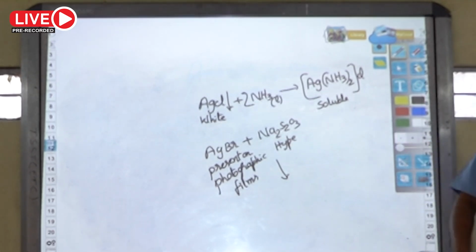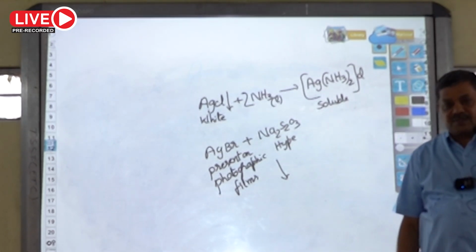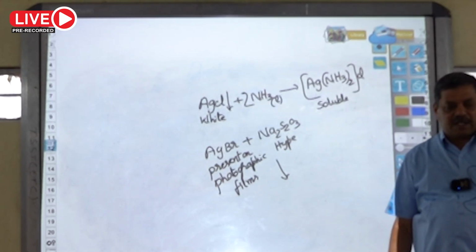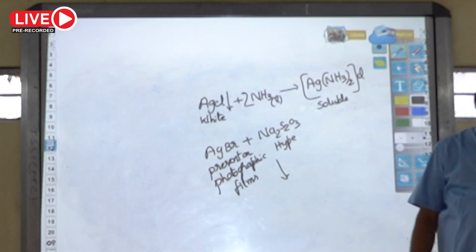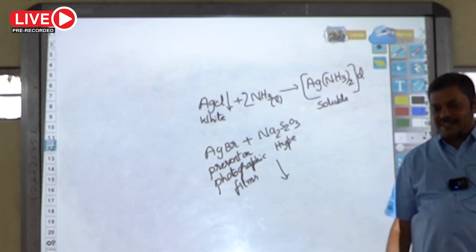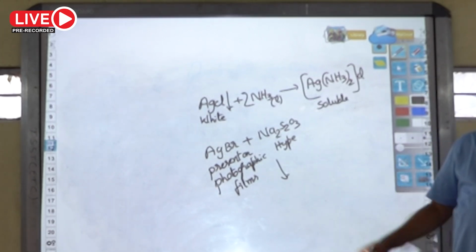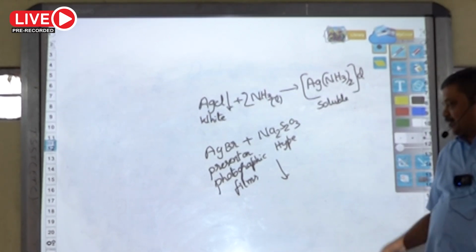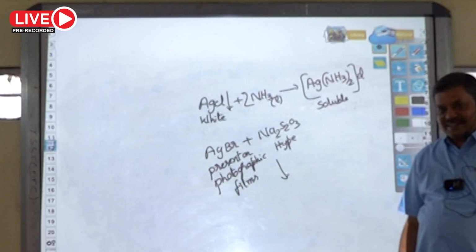Hypo is used as a fixing agent in photography. Under that heading we discussed, and you all marked it as important. Since it is important, you might all have studied well. Without referring to the back pages, can anyone recall what is the complex formed here?